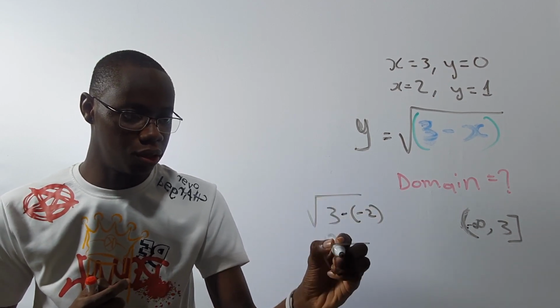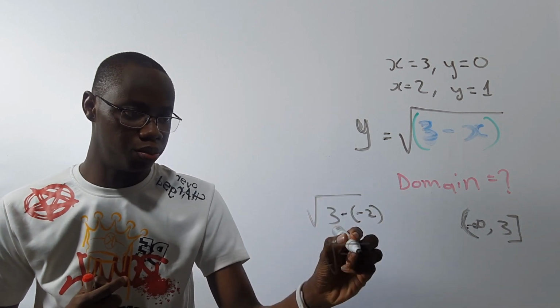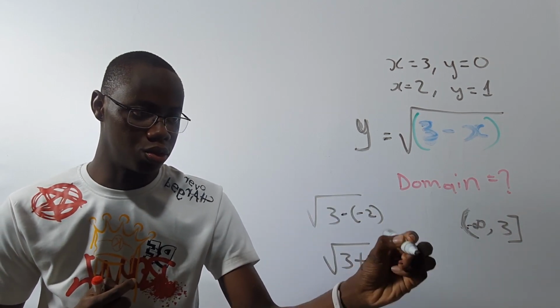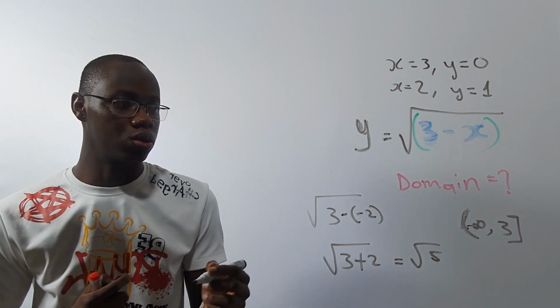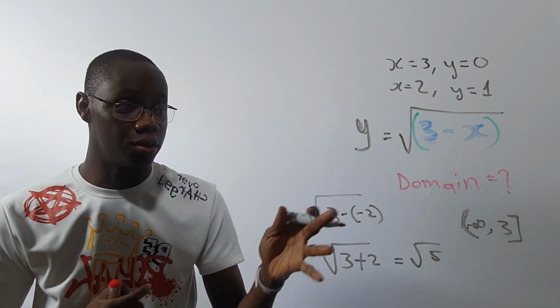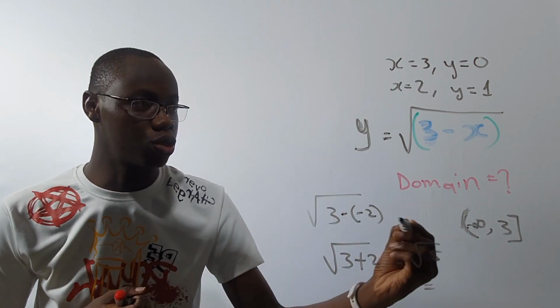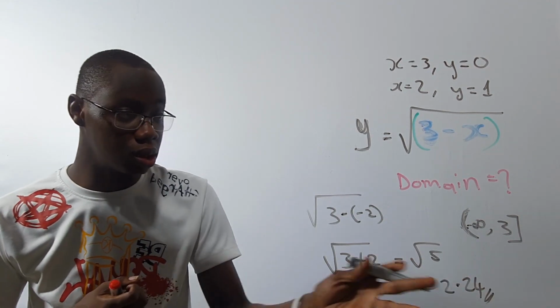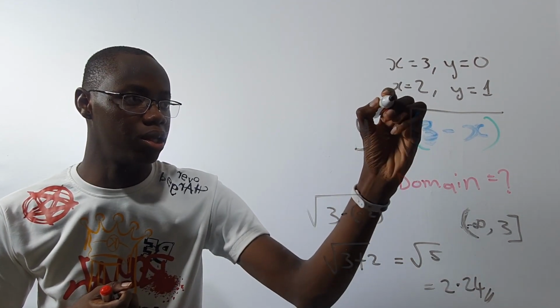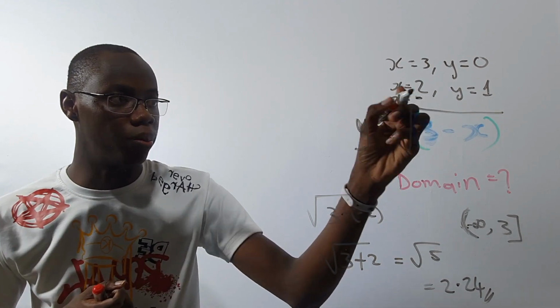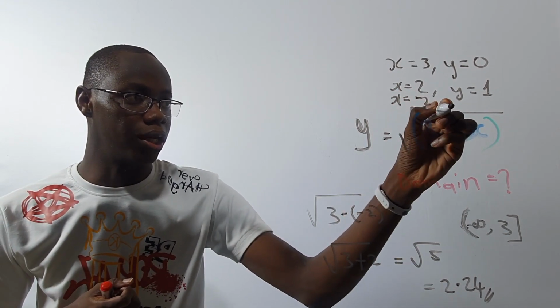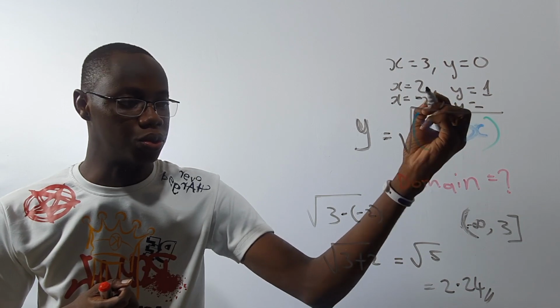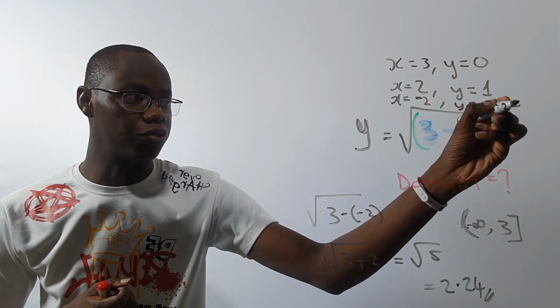That will be 3 plus 2, equal to the square root of 5. You can leave it like this or put it in decimal, approximately 2.24. So when x is equal to minus 2, y is equal to 2.24.